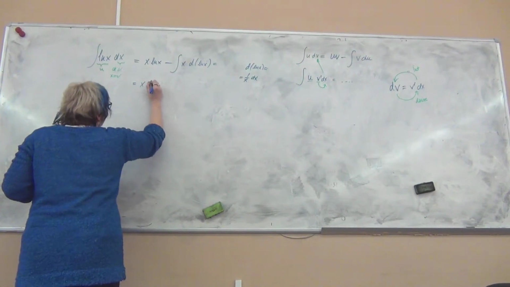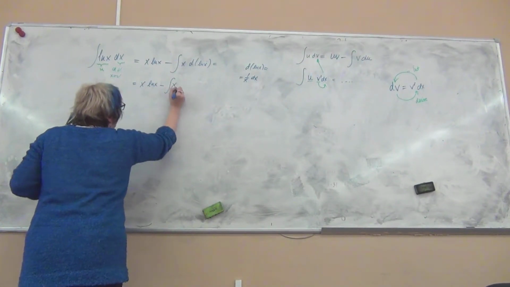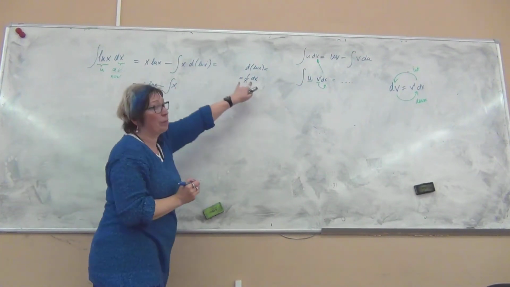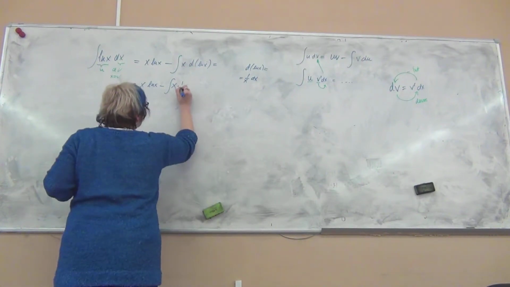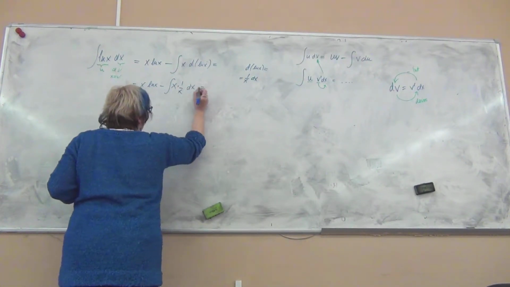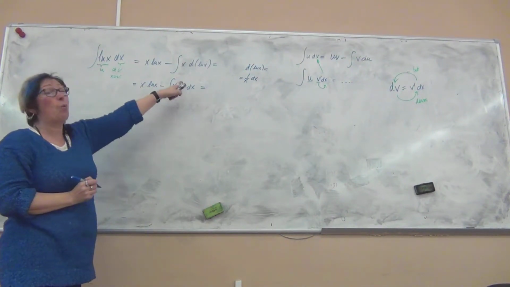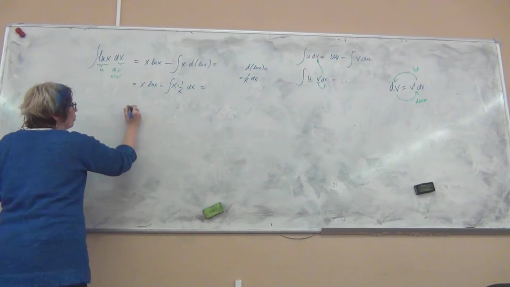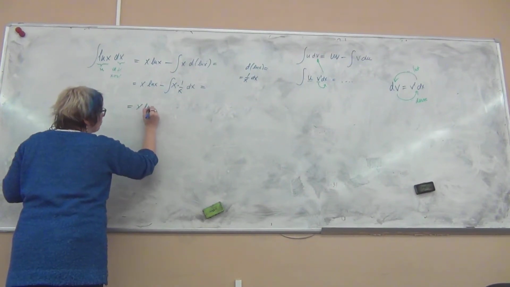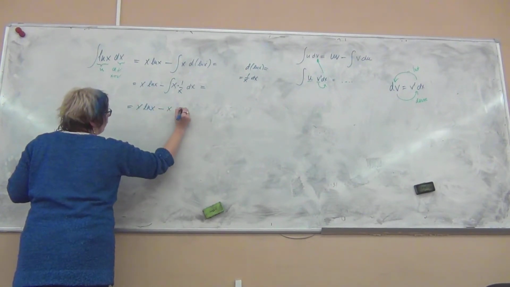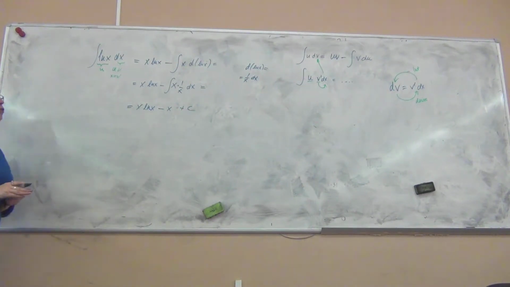Now I see x ln x minus integral x times 1 over x dx. These two cancel each other out. I simply have to integrate 1, and the integral of 1 is simply x, plus the constant of integration.